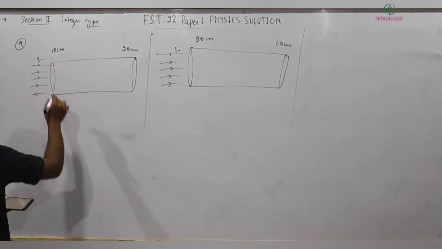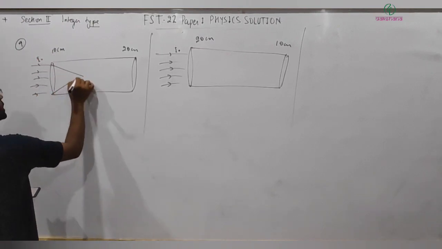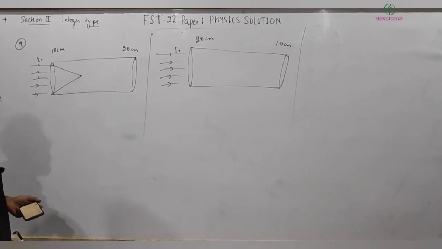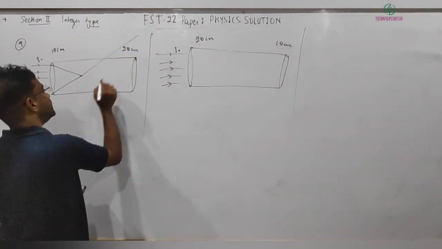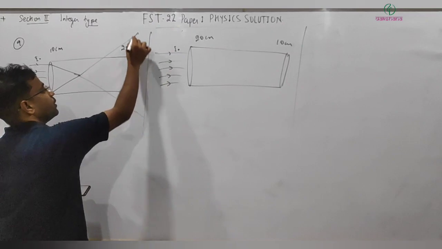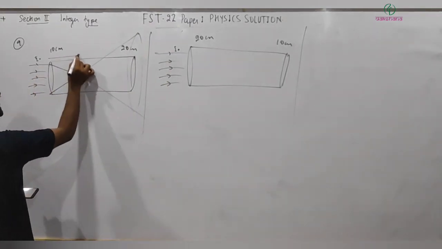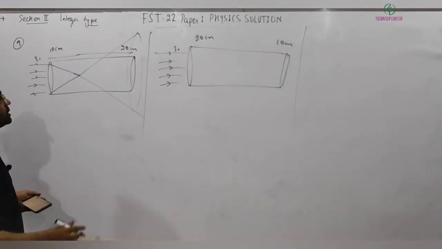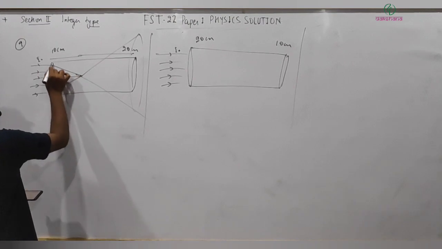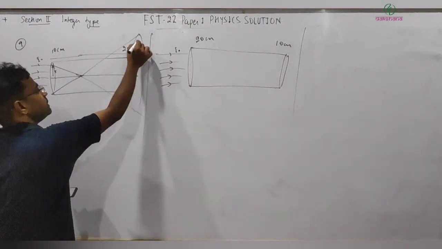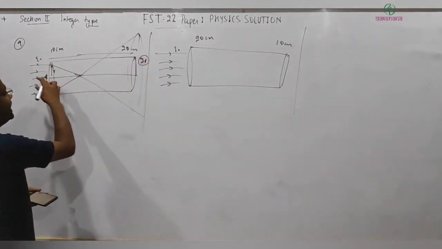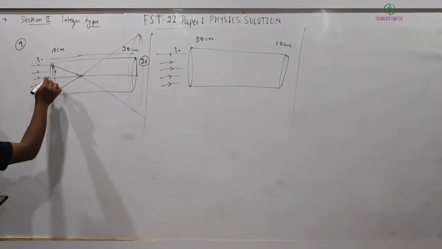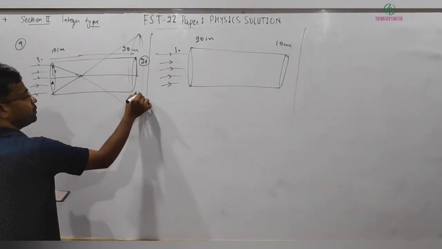So what will happen? Its focal length is 10 centimeter, so it will converge completely here, and then it will go in this way. Because this is 10 centimeter and this is 20 centimeter, whatever the radius comes for r, then definitely it will be 2r. Energy is the same, so if the area here is a, then here the area will be 4a.